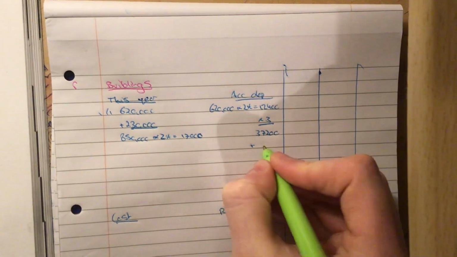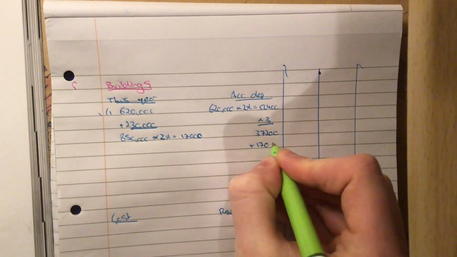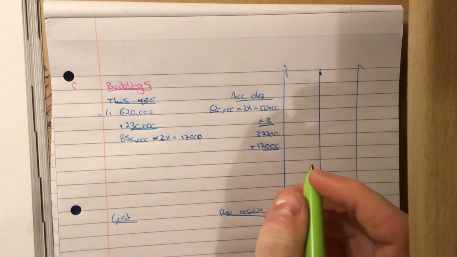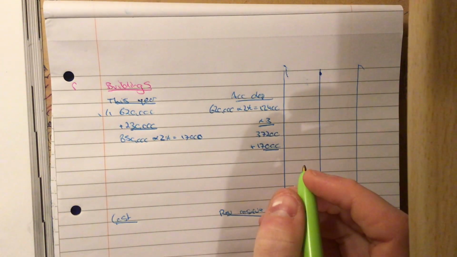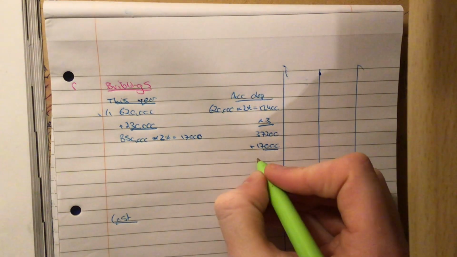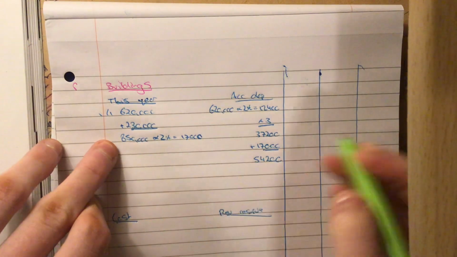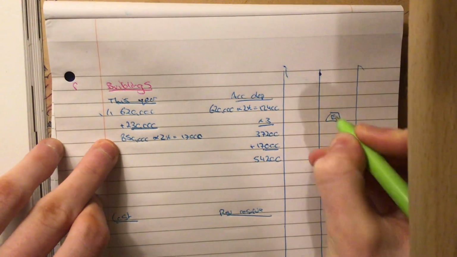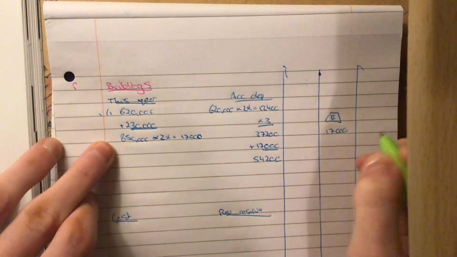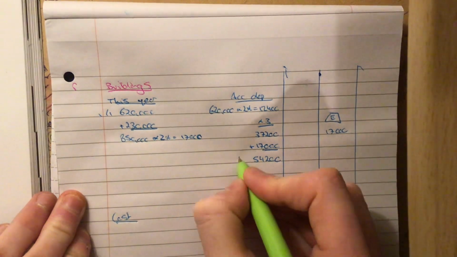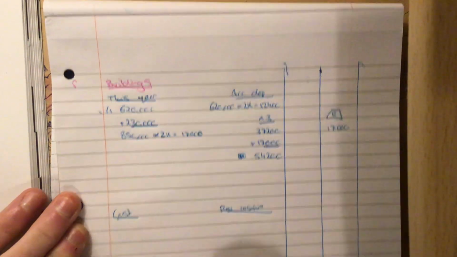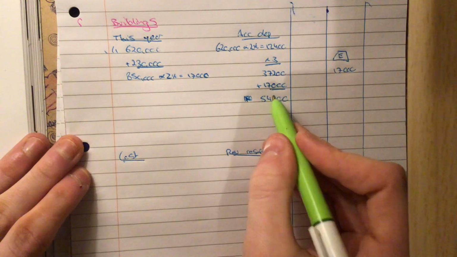Add this year's depreciation expense, 17,000 euros, and I get 54,200. So that's my accumulated depreciation figure, 54,200. My depreciation charge for this year is 17,000 euros. That's an expense. I'm going to hang on to that figure for 2 seconds, and do my cost first.